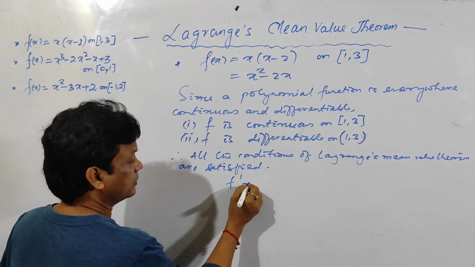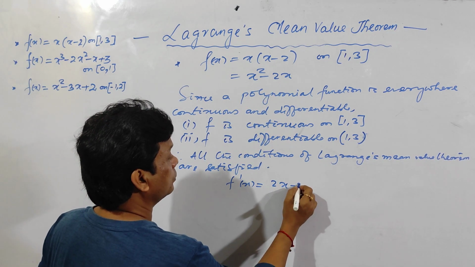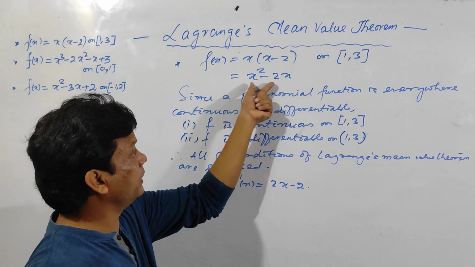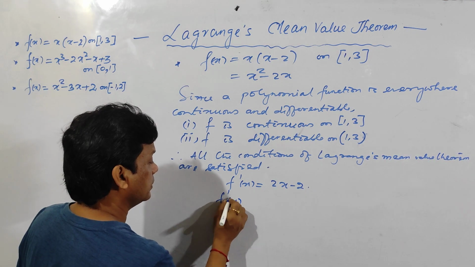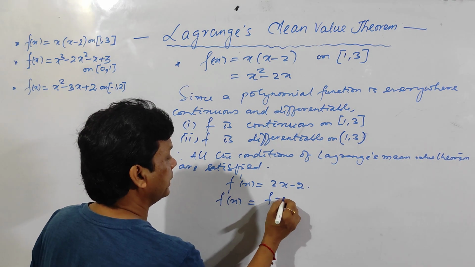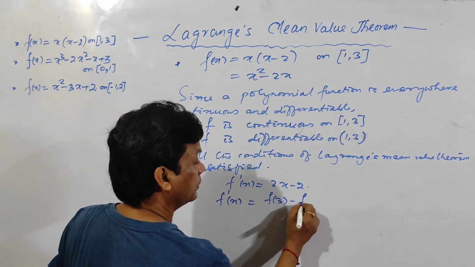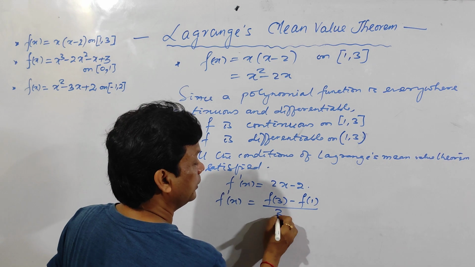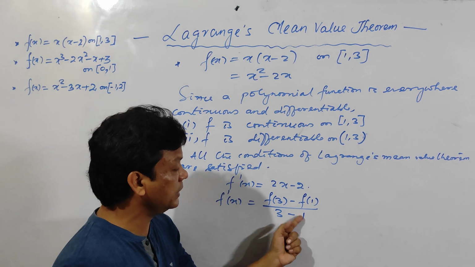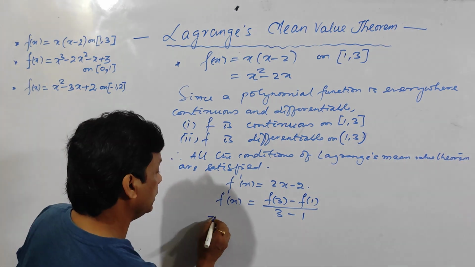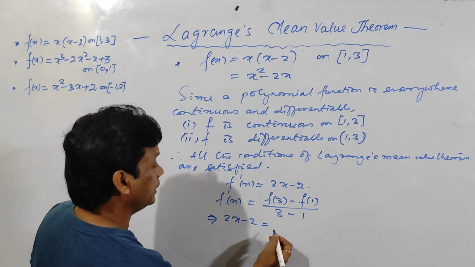Now, what is f dash x? What is the derivative of this one? It is 2x minus 2. Derivative of x square is 2x and derivative of minus 2x is minus 2. Now, f dash x is equal to f of b minus f of a divided by b minus a, here a is 1 and b is 3. So 2x minus 2 is equal to, what is f of 3?